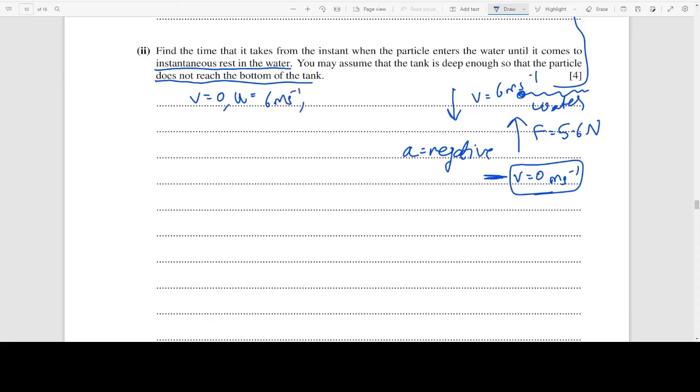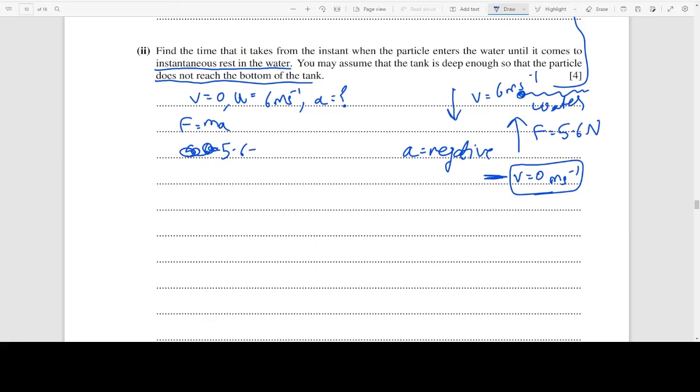Now I think we'll have to find acceleration. So first we can find acceleration using F equals ma. F is 5.6, but there is even the force due to gravity, so we need the resultant force.